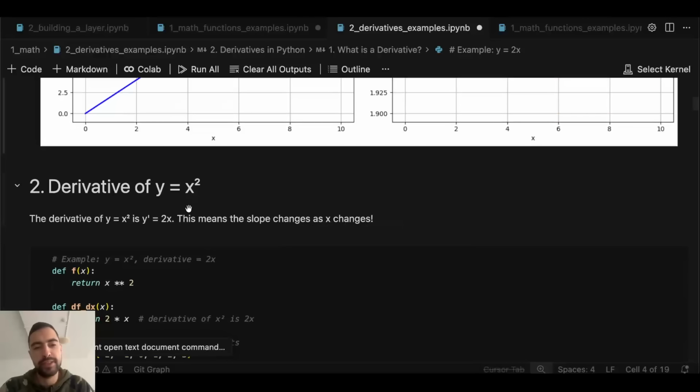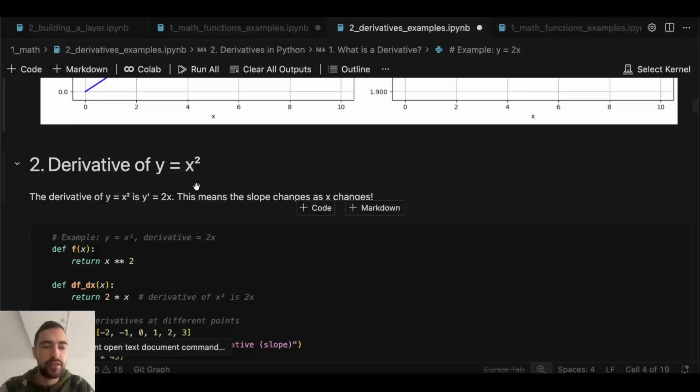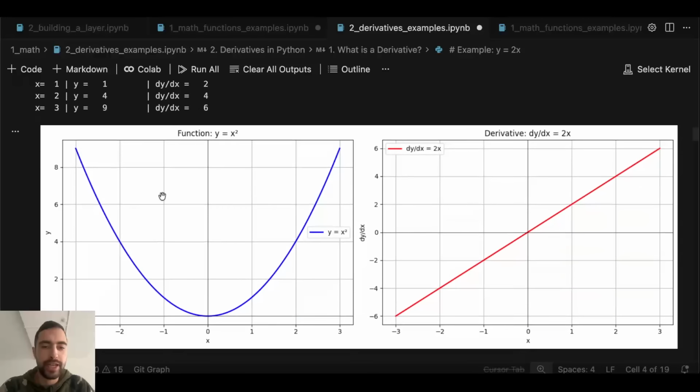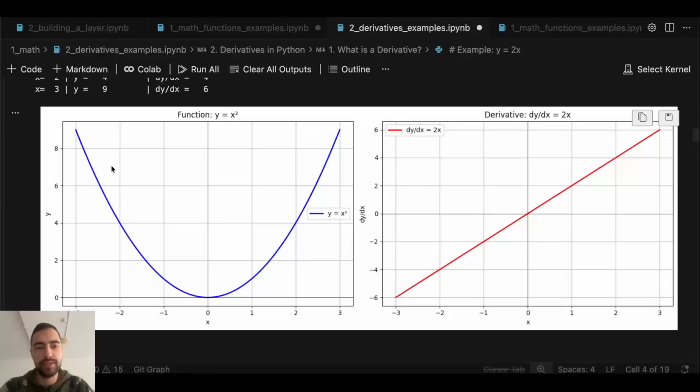Let's see the derivative of this quadratic function, y equals x squared. The derivative here will be 2x. I'm going to explain how it's calculated, but we can see that here the function doesn't grow equally everywhere.